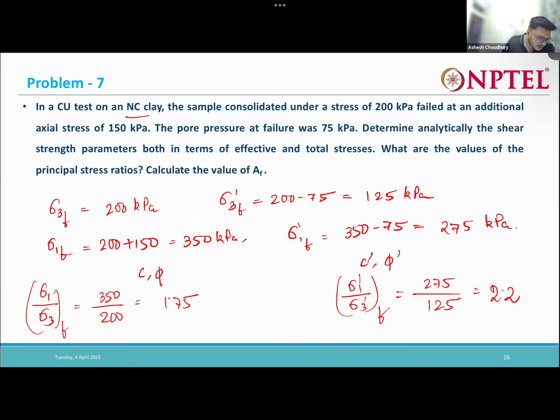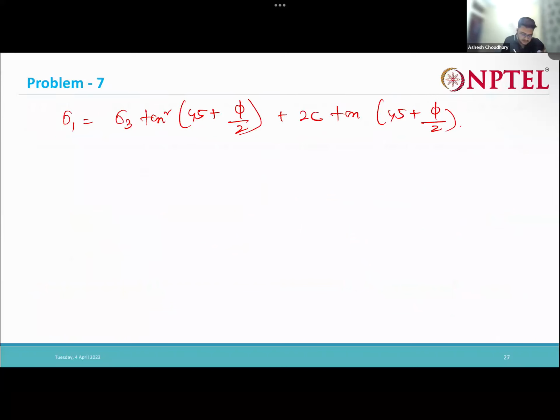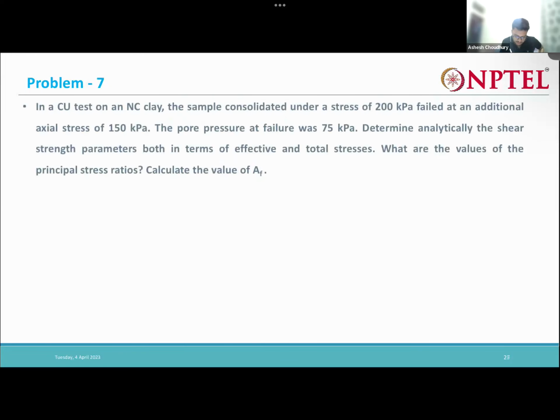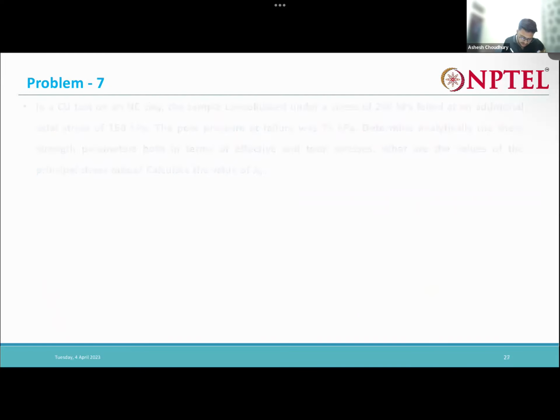As the soil is normally consolidated, it can be assumed that my C dash and my C values are both 0, right? So it will be nothing but sigma 1 equal to sigma 3 tan squared of 45 plus phi by 2. Sigma 1 by sigma 3 you already know, you calculated that, it's 1.75.